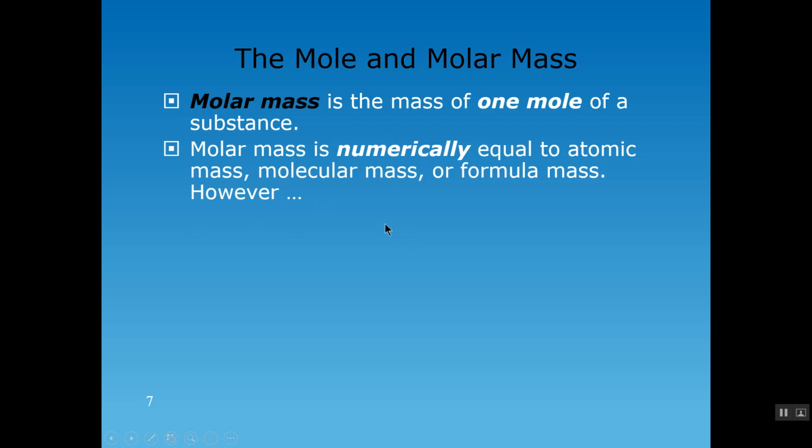However, you need to recognize that the units of molar mass are different from the units of atomic mass, molecular mass, or formula mass. The unit of atomic mass, molecular mass, or formula mass is AMU, atomic mass unit, while the unit of molar mass is grams per mole, right? So please note that even though the molar mass is numerically equal to the atomic mass, molecular mass, or formula mass, the units are different.